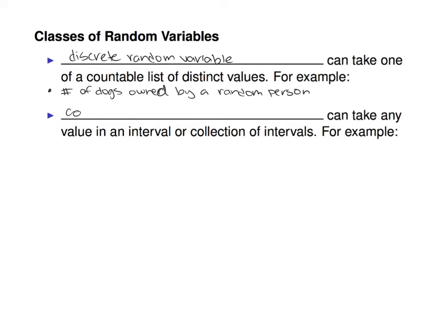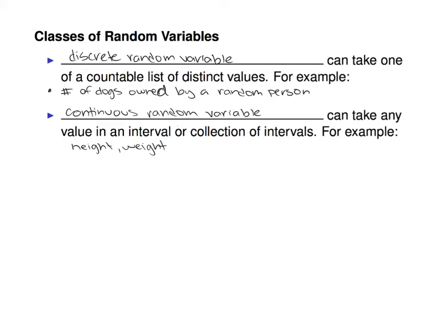So continuous random variable. And some examples are height, weight, etc.